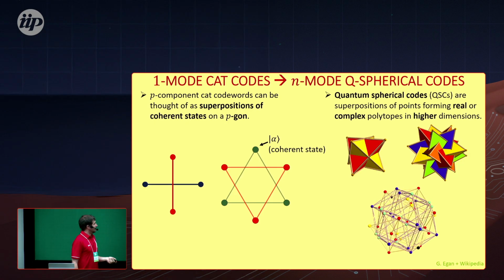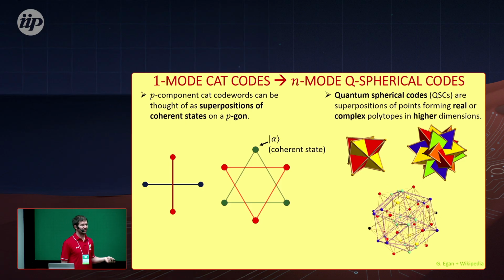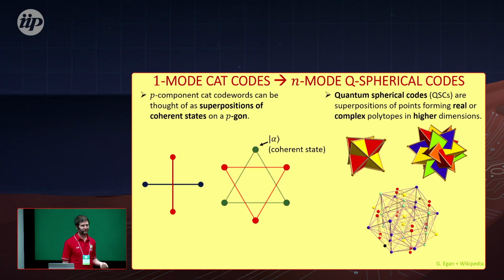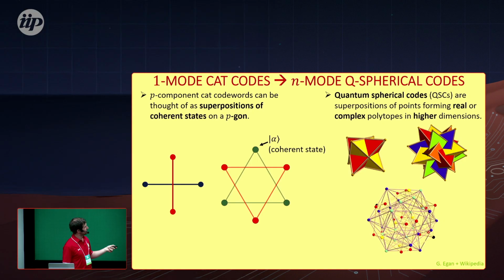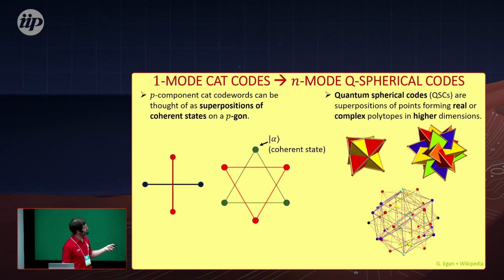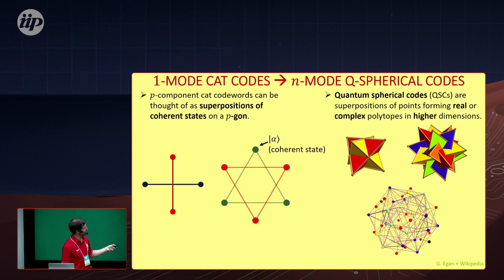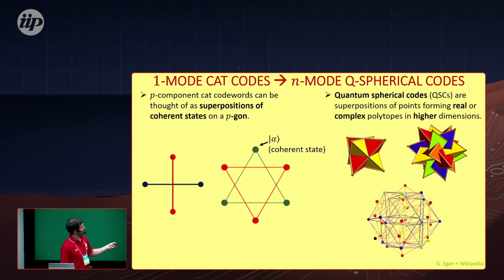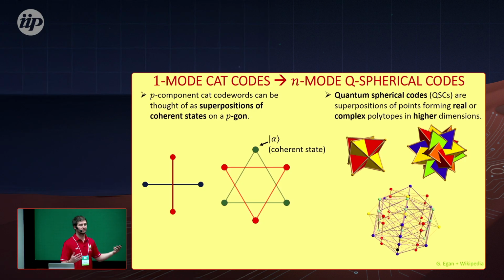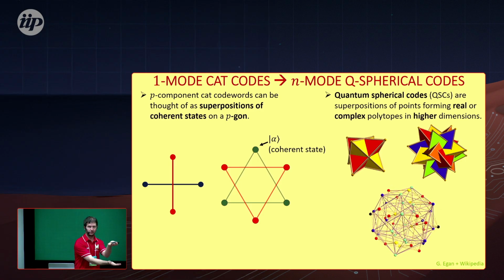And believe it or not, it took 10 years for us to think about how to properly extend these. And in retrospect, it's pretty simple. Why didn't we just put things on a sphere to begin with? Well, we didn't think about it. Anyway, when you put things on a sphere, there's some beautiful compound polytopes here, which can be split into simpler polytopes, like this cube's vertices being split into 2 tetrahedra, this dodecahedron being split into 5 tetrahedra, and each of these mini polytopes naturally gives you a constellation to use for a basis state of a logical encoding.